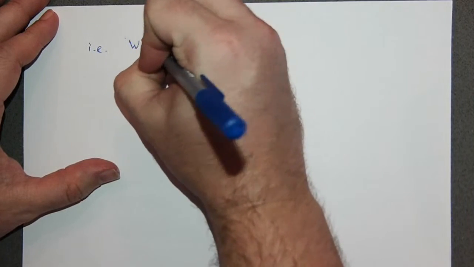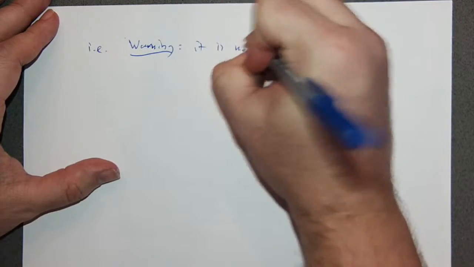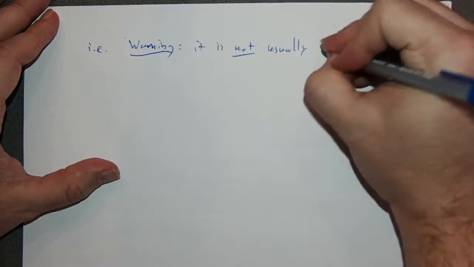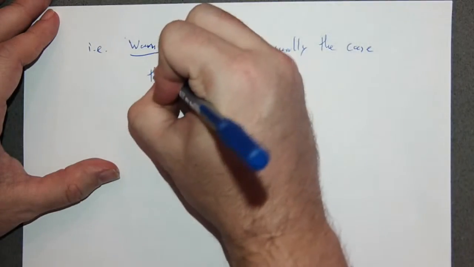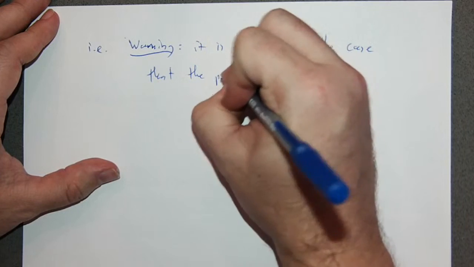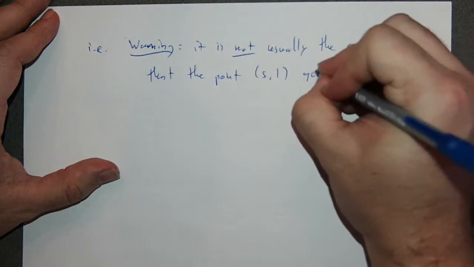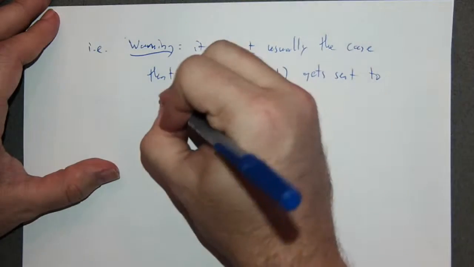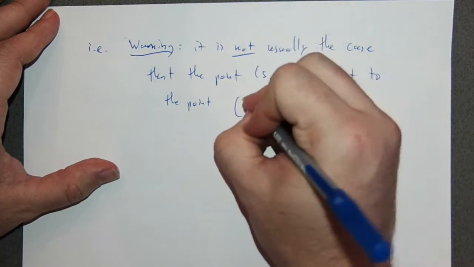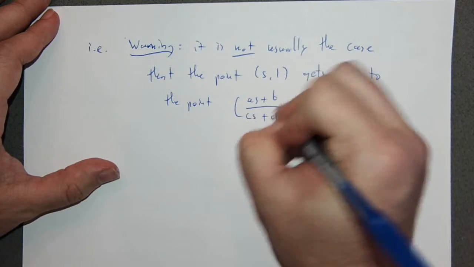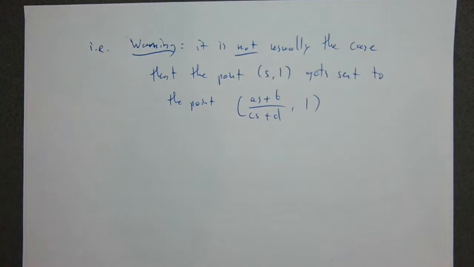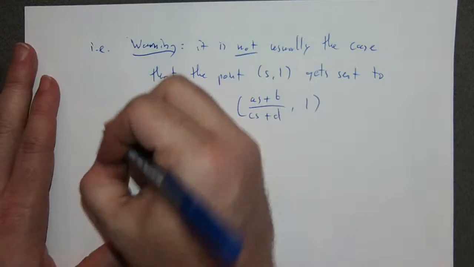So here is a warning: it is not usually the case that the point (S, 1) gets sent to the point ((AS plus B) over (CS plus D), 1). That's not usually what happens here.